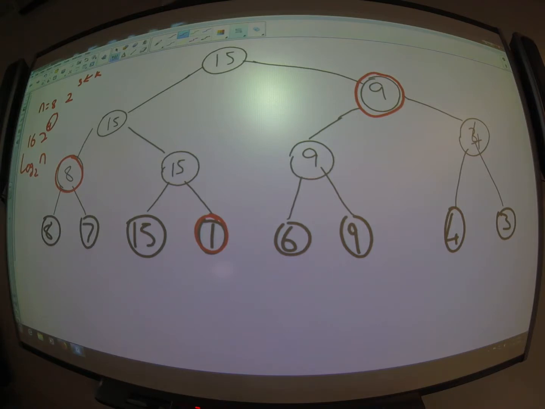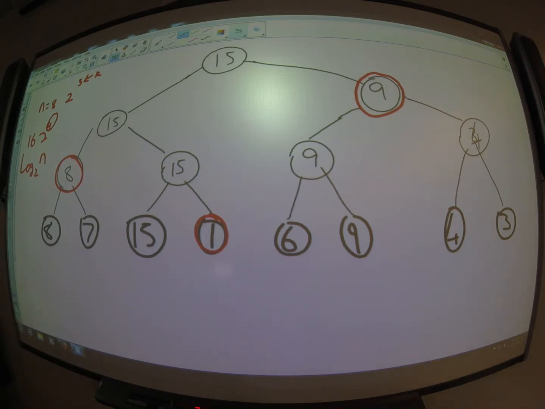I know in order to find the max, irrespective of what approach you use, n minus 1 comparisons will have to be made. And to find the second max, log 2 n. Log 2 n means if n is equal to 8, 3. Which is much smaller.